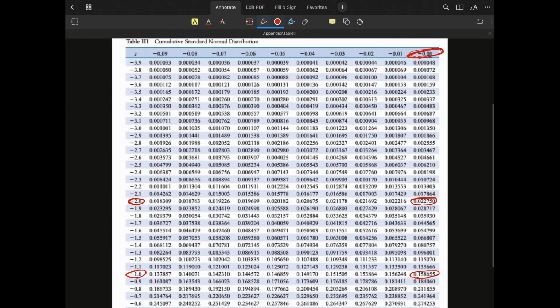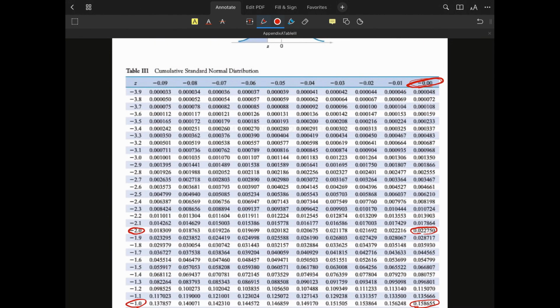If you look into the table at negative 2.33, you'll see the closest value to 0.01. And that is here. So the z value associated with 0.01 is about negative 2.33.